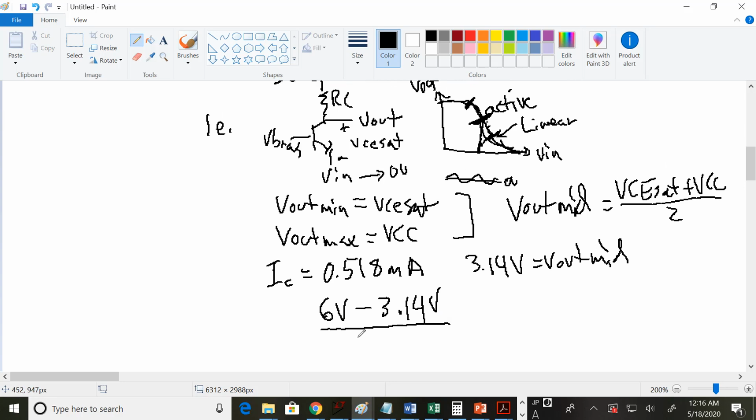So that's the voltage I'm dropping, and the current is 0.518 milliamps, and that should give us the RC. Okay, we know it needs to drop this voltage when there's this much current, so that will give us our value of RC. And what did I get for that? 107? Oh, sorry, 5521.2 ohms.